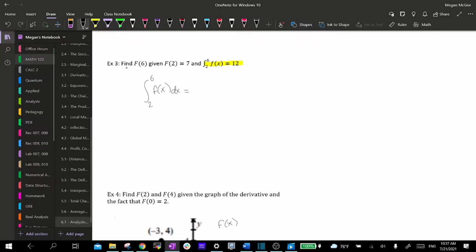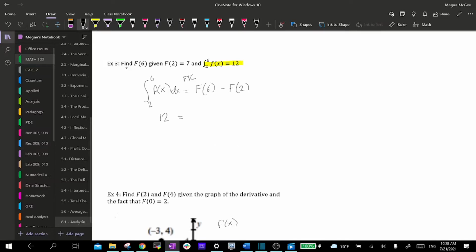And then it must be the evaluation of the original function at the upper bound minus the evaluation of the original function at the lower bound. So this is again by the fundamental theorem. And we can't calculate the integral using our calculator, but that's okay because we were given what it evaluates to.